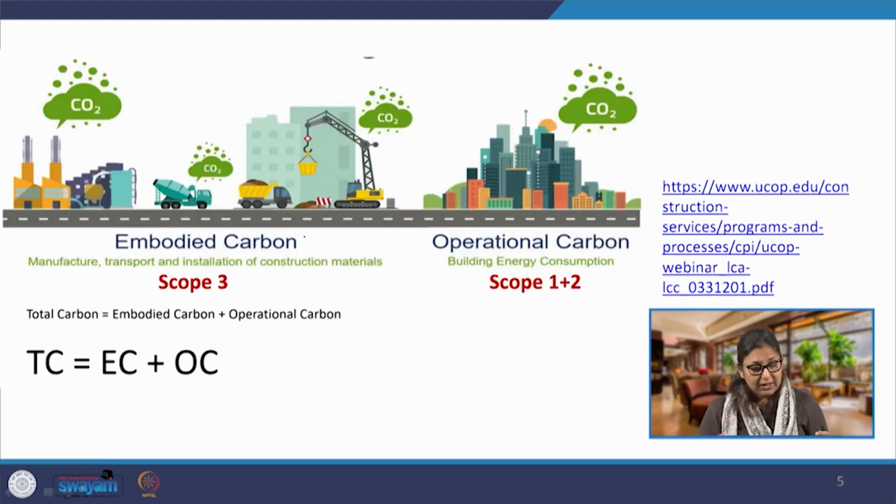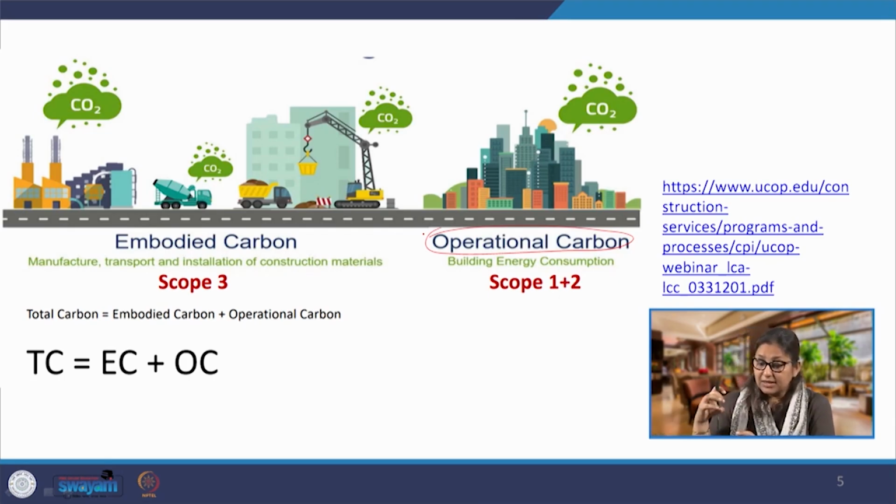If we are looking at the construction industry itself, just the building industry and the entire value chain, we are looking at largely 2 components. One is the operational carbon, the emissions which are emitted during the operational phase of the building. Now, this operational carbon is largely coming from the consumption of electricity or other types of fuels.